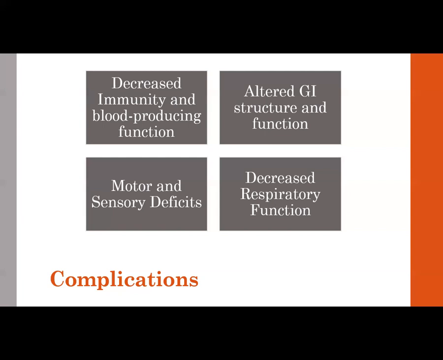Your altered GI structure and function, impaired absorption and elimination related to tumor obstruction or compression. So your tumors can increase the metabolic rate, which increases the need for proteins, fats, and carbohydrates. Because if you remember, it's that big cluster of cells. So what's happening is all your nutrients are kind of going into that cluster. The problem is it's not giving it to the rest of the tissues.